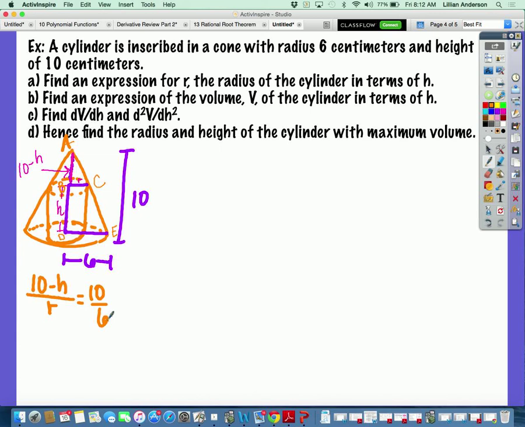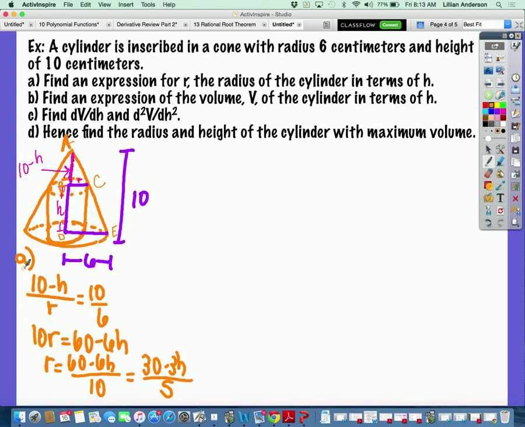There really wouldn't be any other way to figure that out. So that way you can get an expression for r. So I can cross multiply and then solve. And this reduces down to be 30 minus 3h over 5. So there's your expression. Here's your answer to part A.